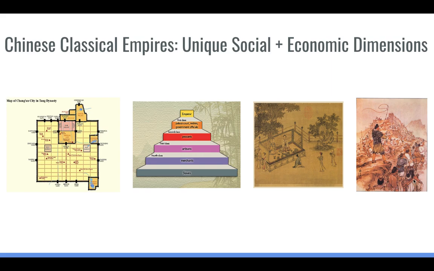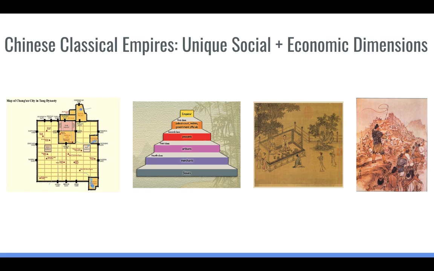Furthermore, the social structures of empires displayed hierarchies. And in China, there's a really interesting social hierarchy. At the top, of course, you have the emperor, right? He's ruling over everything. But below the emperor, you have the palace court, nobles, government officials, and below them, kind of surprisingly, are peasants, the farmers of China, who were held to a very high standard.